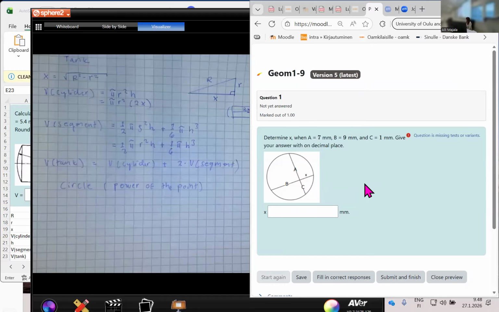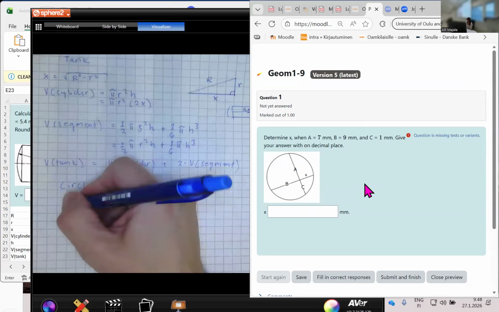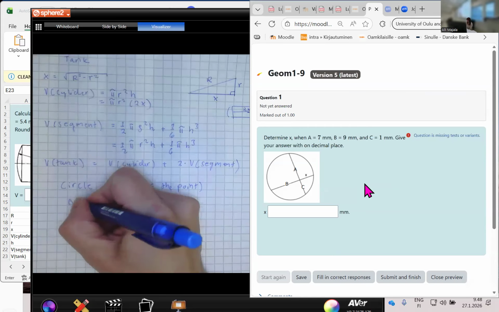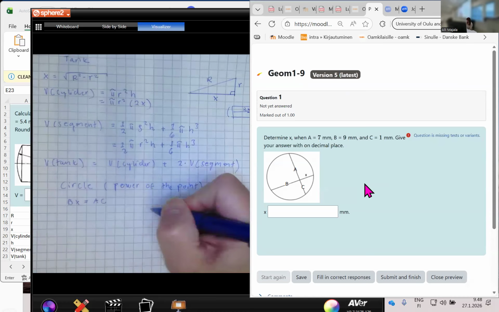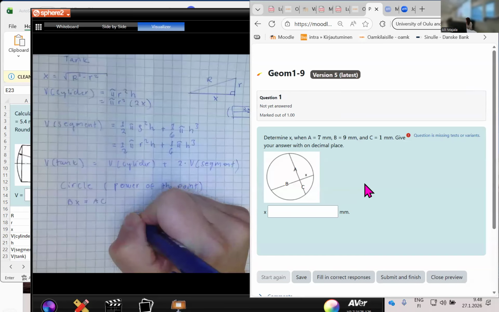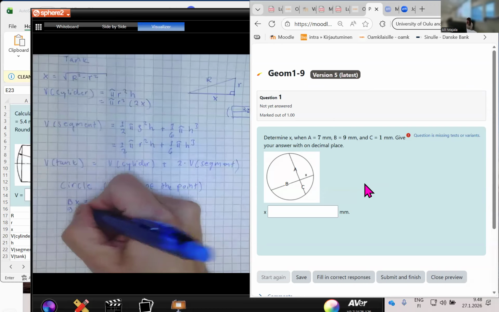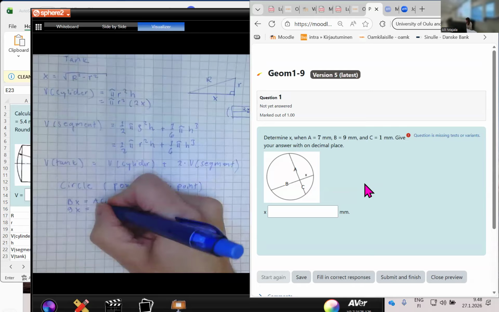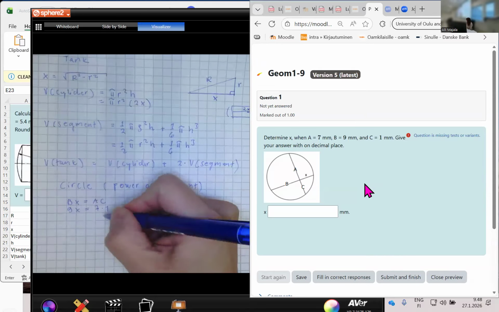And now here the power of the point tells you that B times X is AC times something. So in this one, it would be 9. X is 7. Oh, 1. 1.